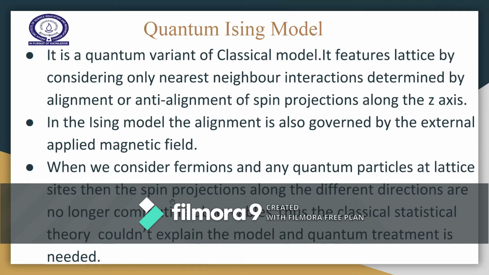So the problem is that the spin operators are no longer commuting observables. We cannot measure them simultaneously. Therefore, the classical statistical theory couldn't explain the model, and a quantum treatment is needed.